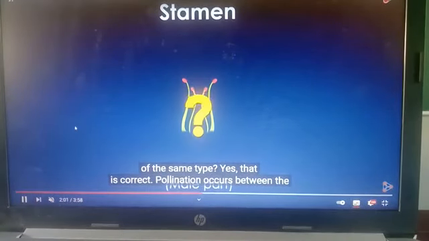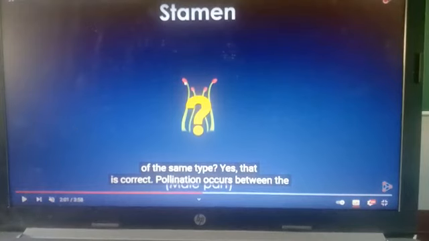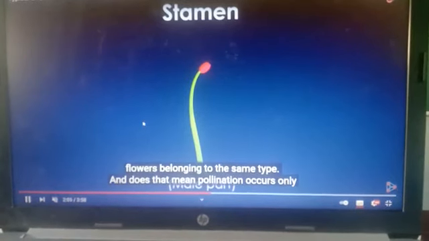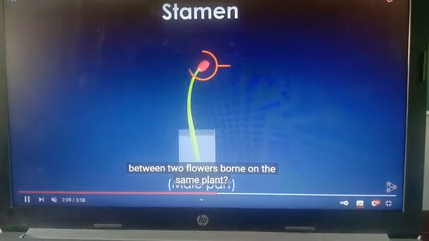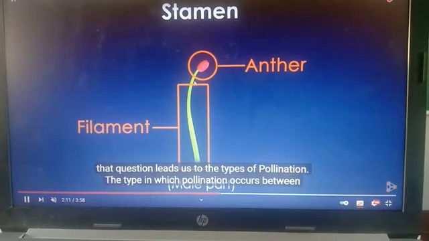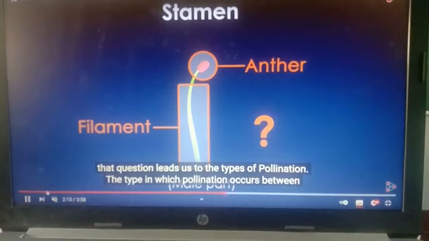So this is the structure of stamen. Stamen further consists of two parts. This upper swollen part is called the anther, and this lower part is called the filament. The anther contains the male gametes, called pollen grains.